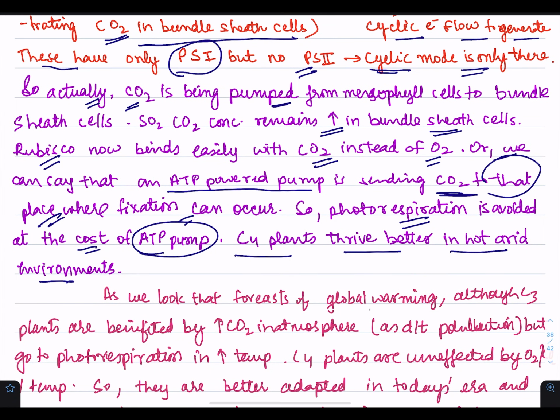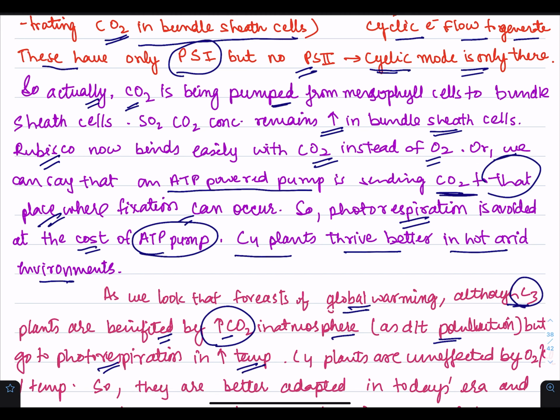As we are facing the problem of global warming, although C3 plants benefit from high carbon dioxide in the atmosphere because we are living in a highly polluted environment, and C3 plants work better with high carbon dioxide, but they go to photorespiration at high temperature.